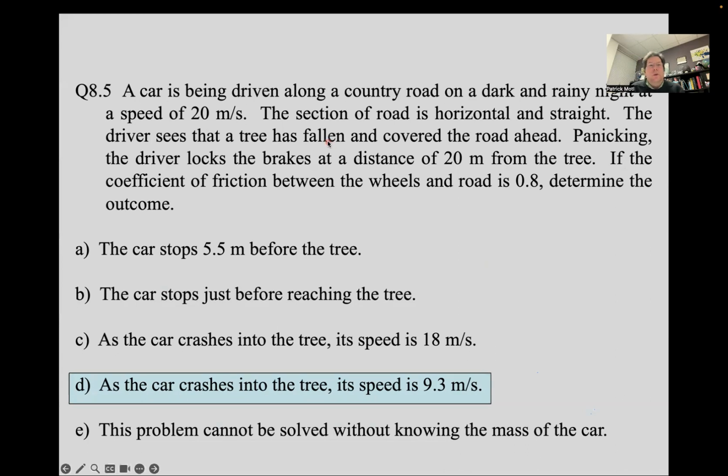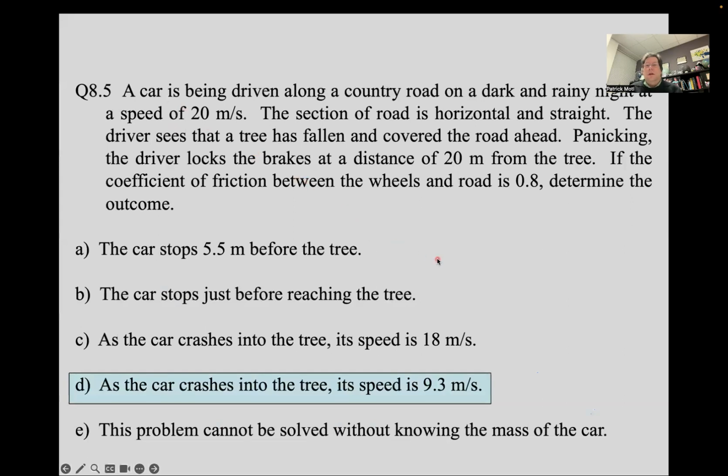Putting in numbers, initially, the mass of the car doesn't matter. No matter what the car's mass was, you get the same answer because every term is going to have a mass in it. So I have a half of 20 squared as the specific kinetic energy initially. Specific just meaning I divided out the mass.